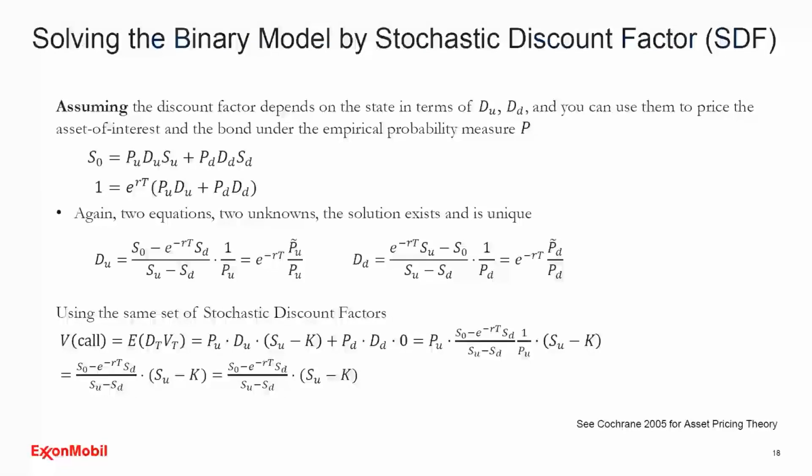If I'm in the up state, I use one discount factor. If I'm in the down state, I use another discount factor. I have two assets, either the stock or the bond, and two discount factors to be solved, for the up or down scenarios. So I can uniquely solve these two discount factors.